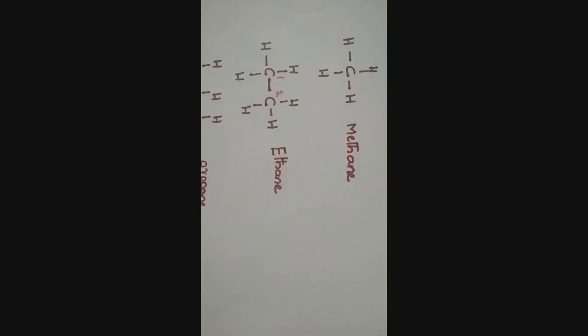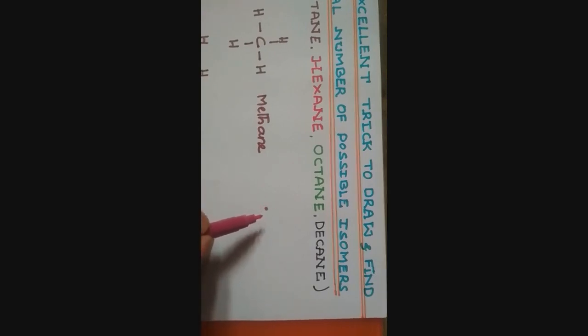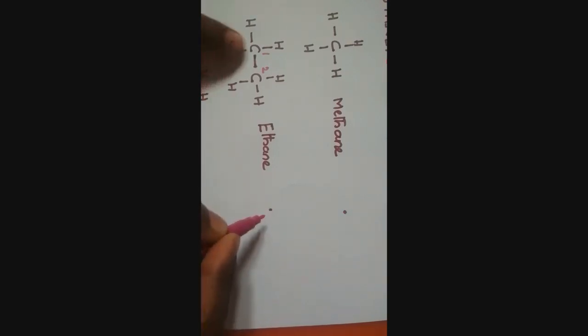Writing all these formulas consumes more time. Hence I would like to teach another way to write the structural formula, called the condensed formula. See students, for carbon you just put one dot. Around this there are 4 hydrogens. This dot indicates 1 carbon. If you come to ethane, you put 2 dots, 1 carbon and 1 more carbon.